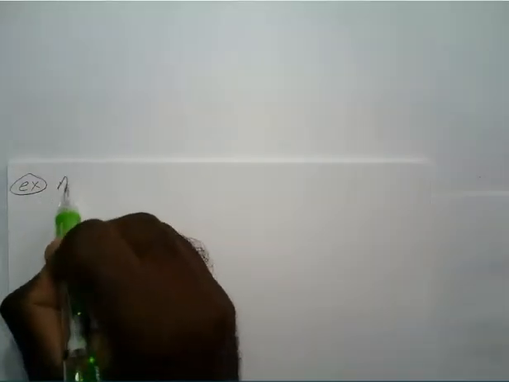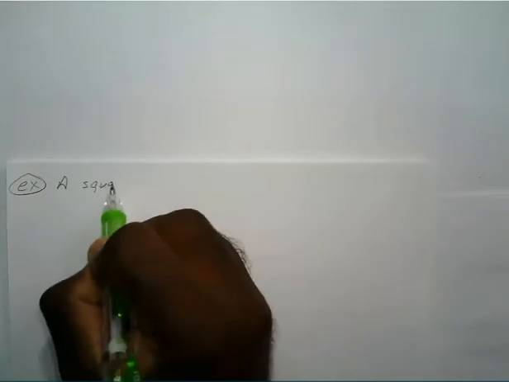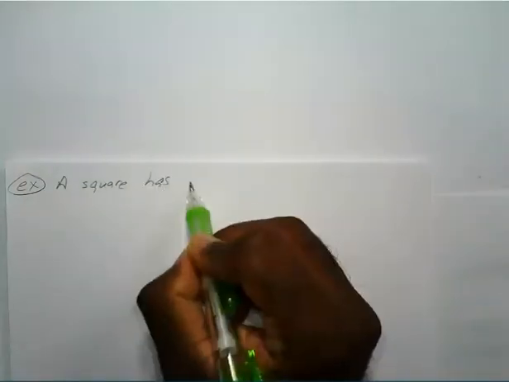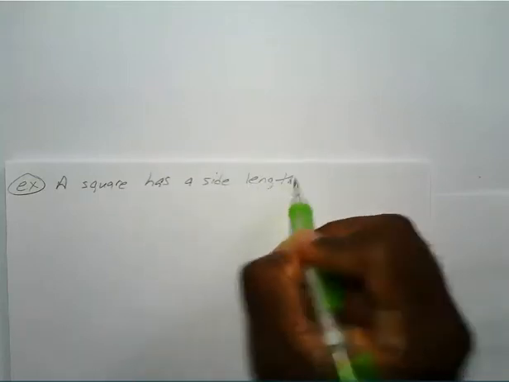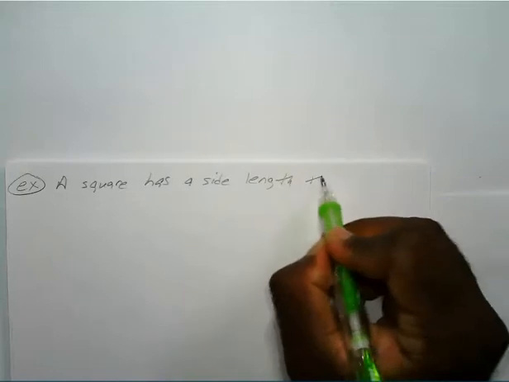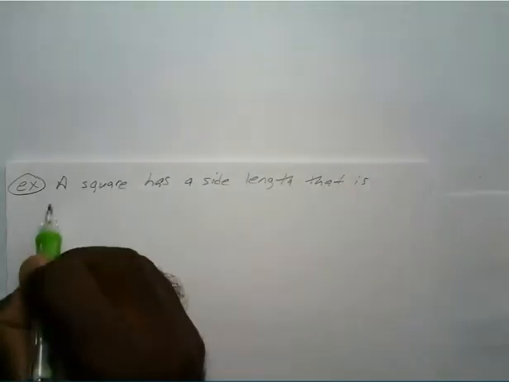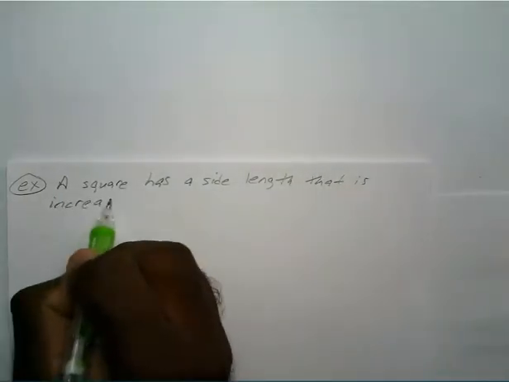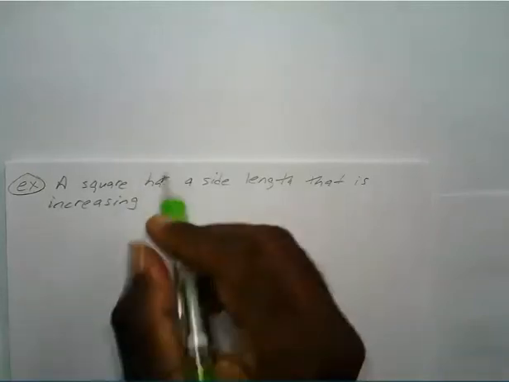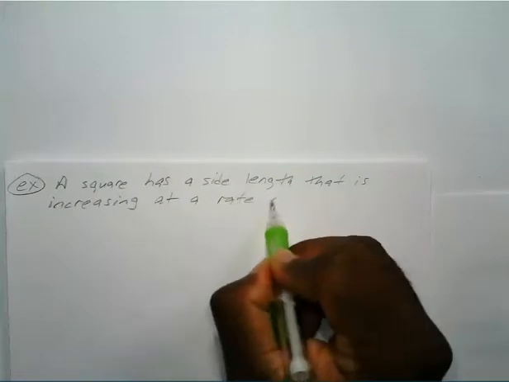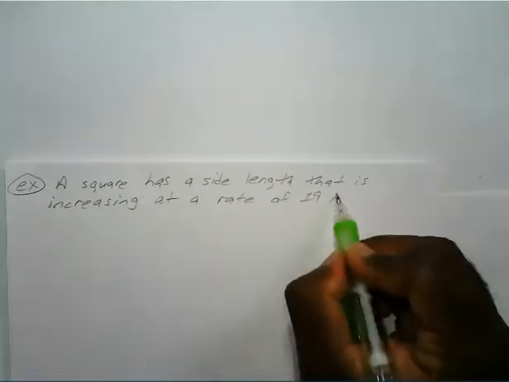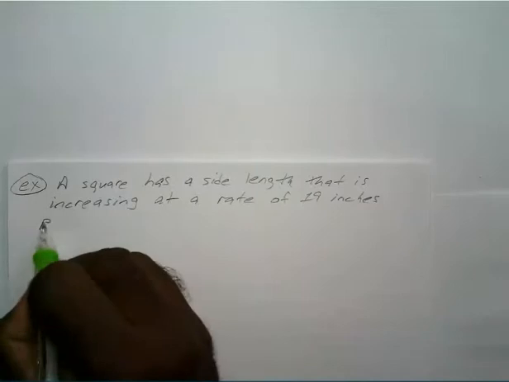Okay, so let's say for this example, we have a square that has a side length that is increasing at a rate of 19 inches per minute.